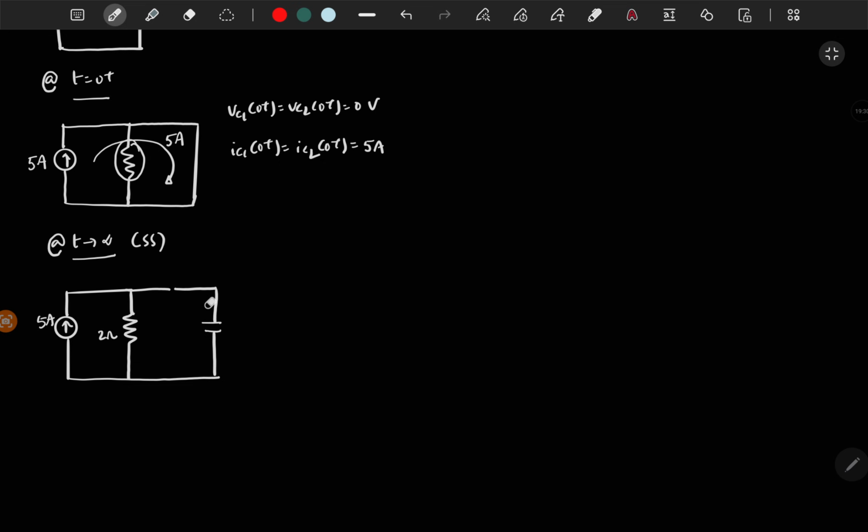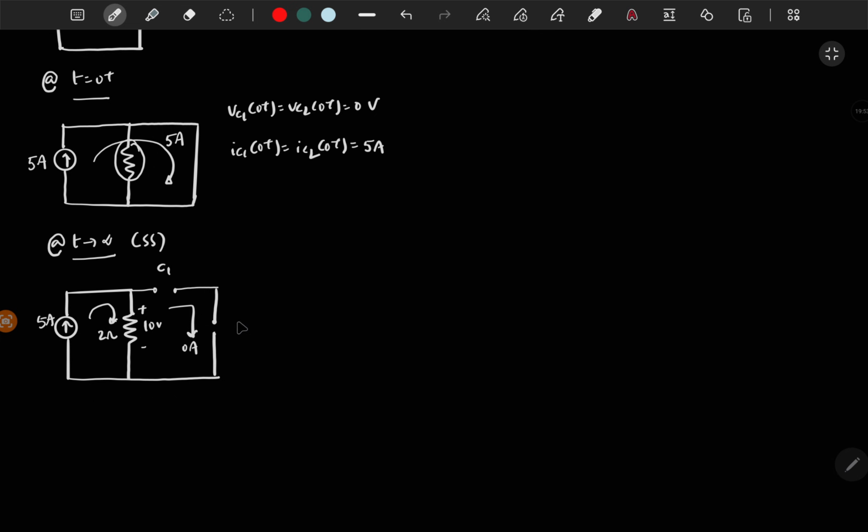So these two high impedances are open circuit, this current is 0, and this current flows through the resistor and you will get 10 volt here.